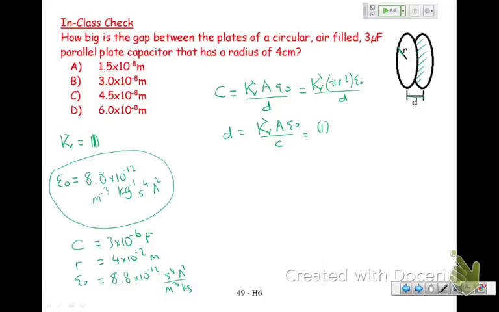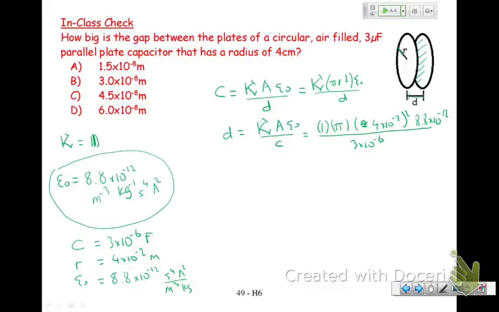Over D. So this will be K times pi times 4 times 10 to the minus 2 squared times 8.8 times 10 to the minus 12, all over C, which is 3 times 10 to the minus 6.